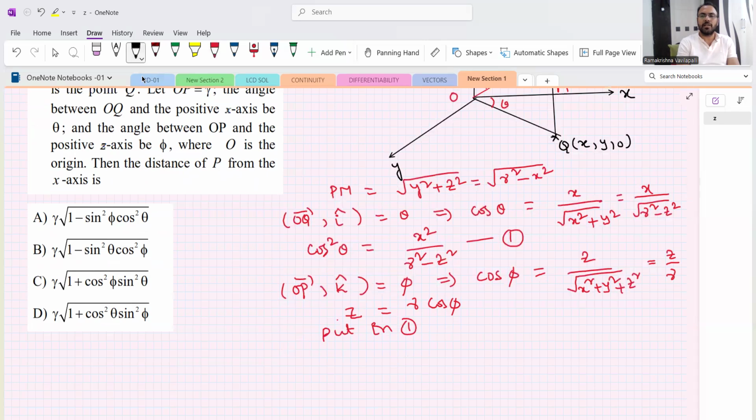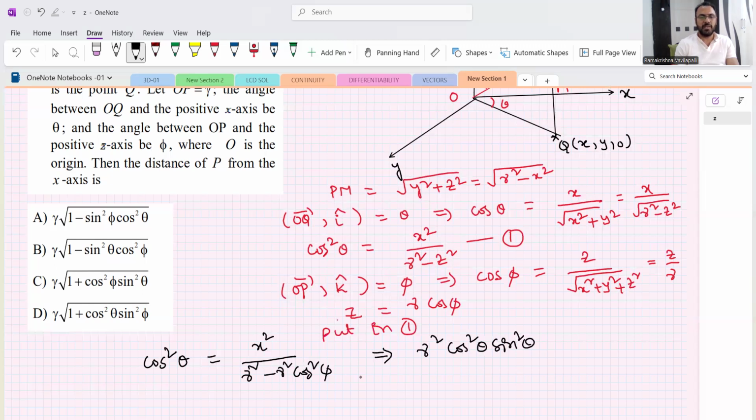Then we'll get cos square theta equal to x square by gamma square minus gamma square cos square phi, which implies this is gamma square into cos square theta into sin square phi. After taking gamma square common, we are getting x square.